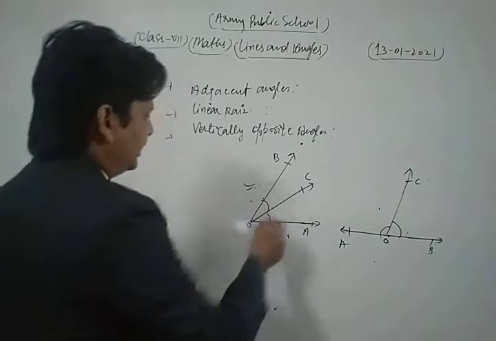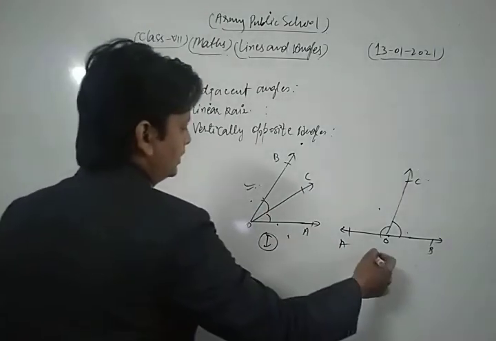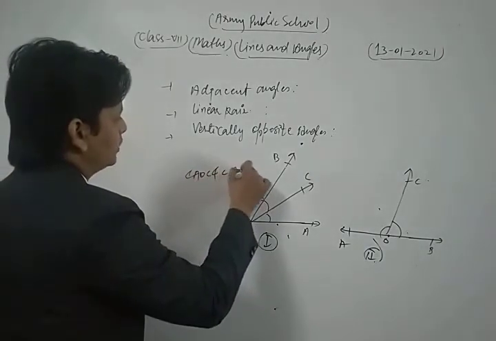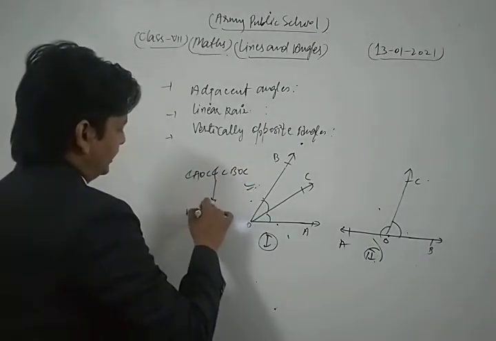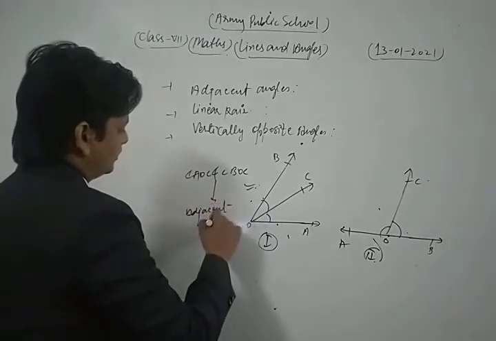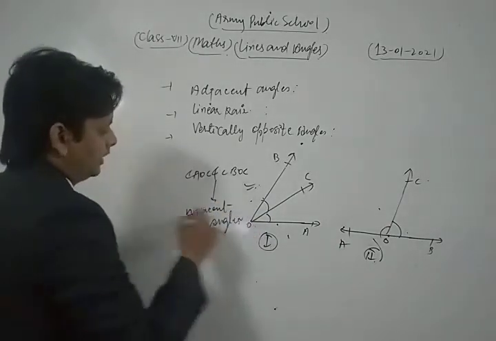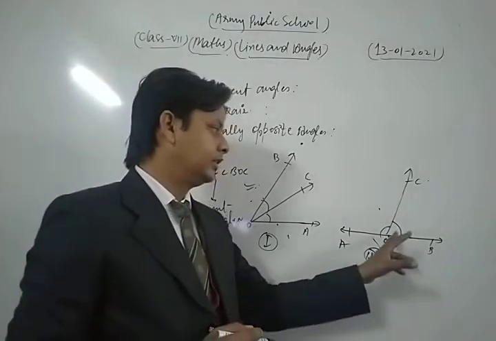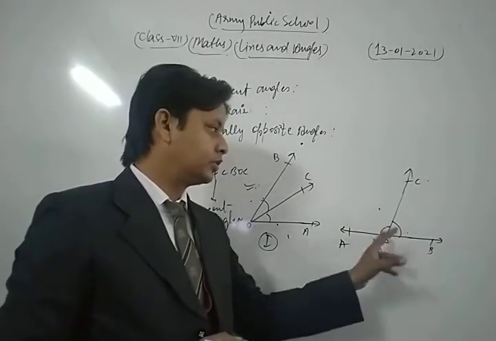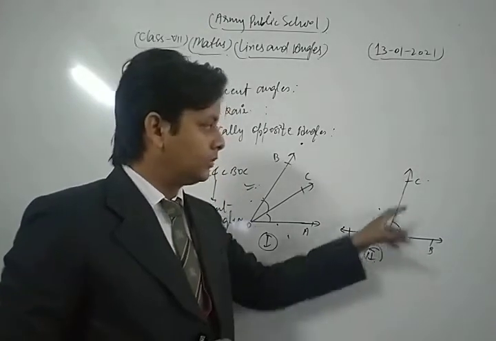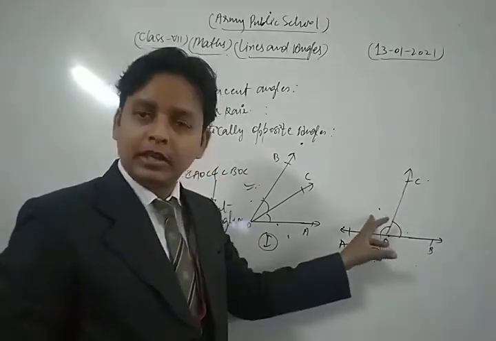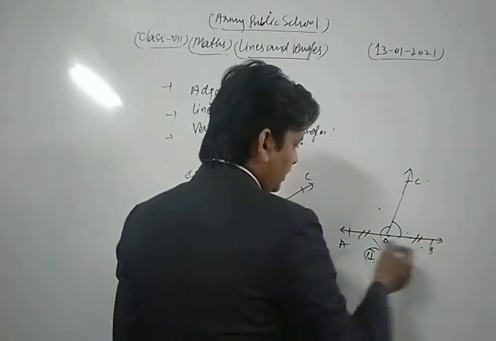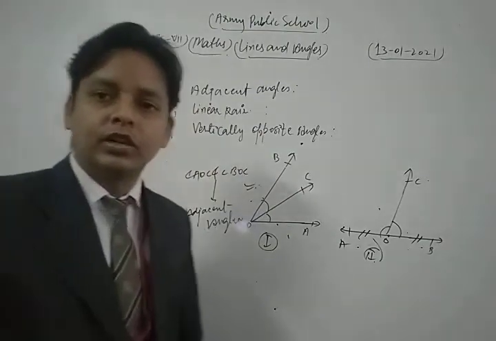on either side of the common arm. So here in that figure, this is figure 1, this is figure 2, and here angle AOC and angle BOC are adjacent angles. Here, dear students, angles AOC and BOC have the same vertex, they have the common arm OC, and their non-common arms OA and OB are opposite rays.